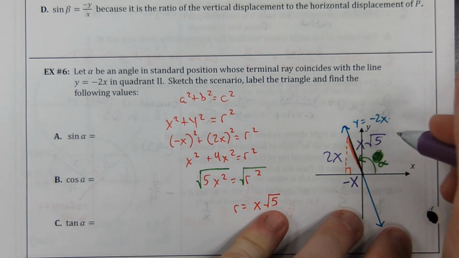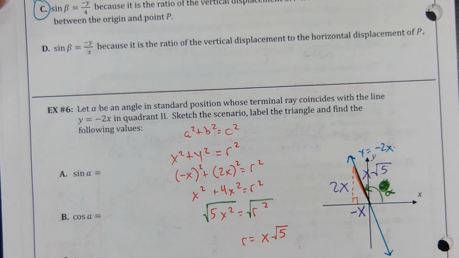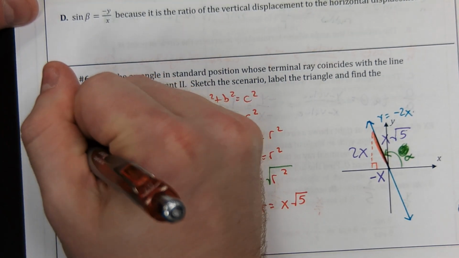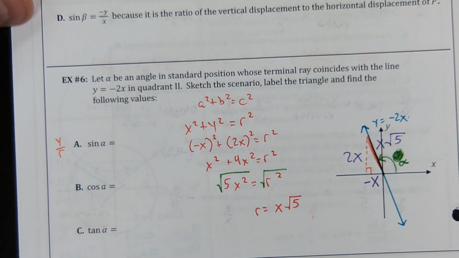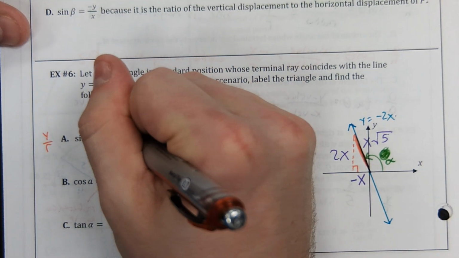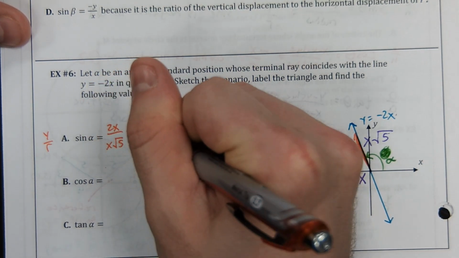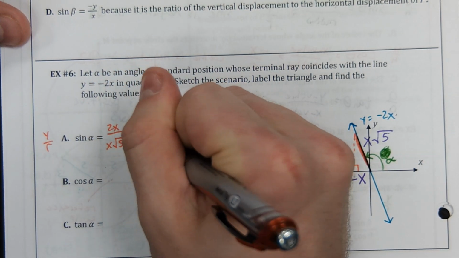Let us now fill out sine, cosine, and tangent of alpha. Sine, what color have I been using for sine this whole time? Orange for sine. Sine uses y over r. For us, that's 2x over x root 5. The x's cancel. 2 divided by the square root of 5.